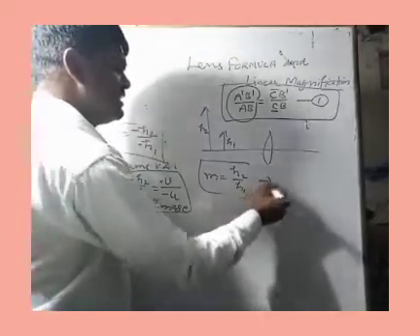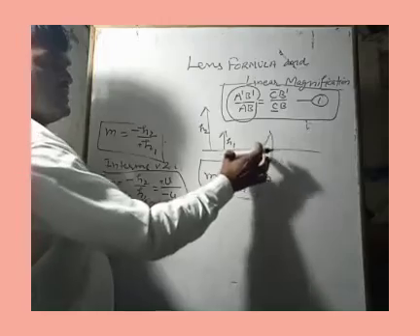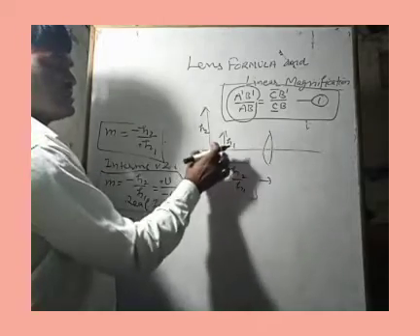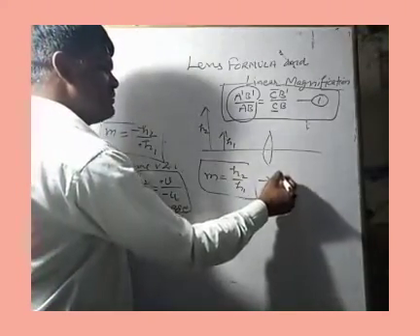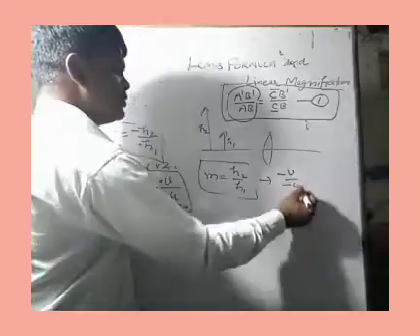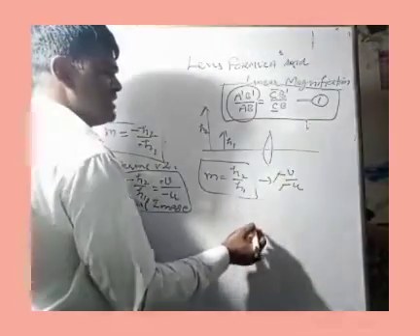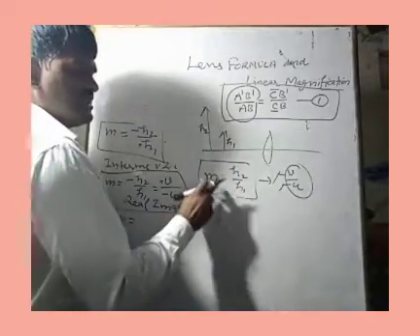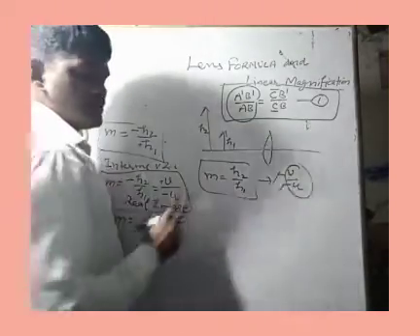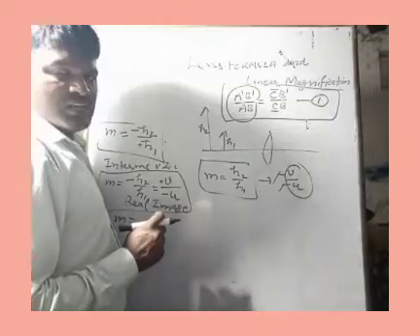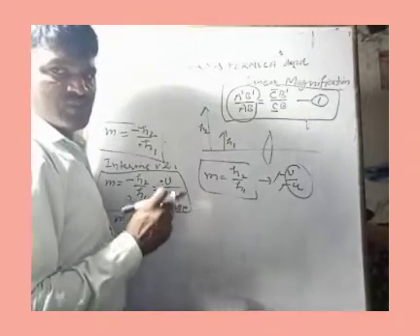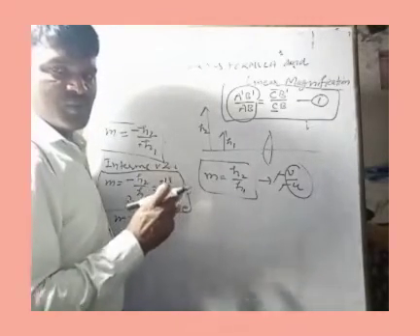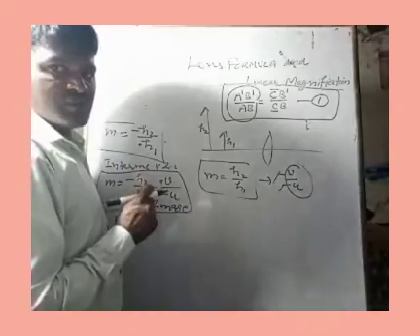Similarly, in terms of V and F, since this was the U, this was the V, so it will be minus V by minus U. So minus will cancel out minus. Hence, for virtual image, magnification is always positive. Please remember these results if you want to solve the numerical problem based upon the lens formula.